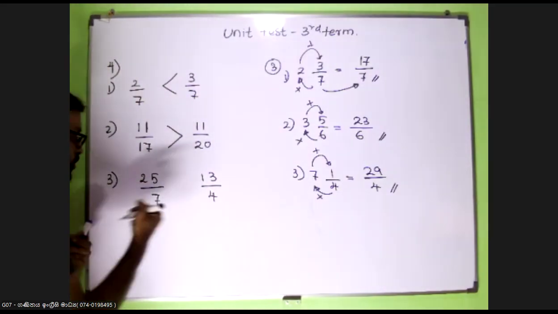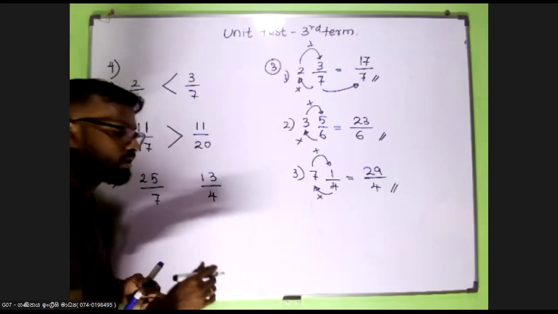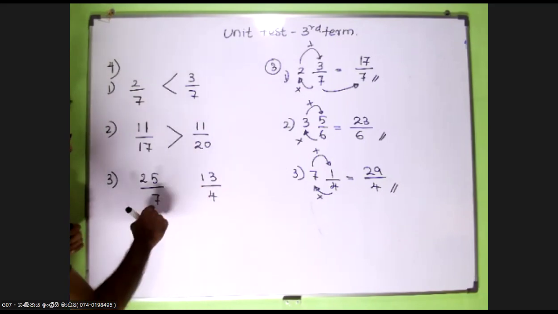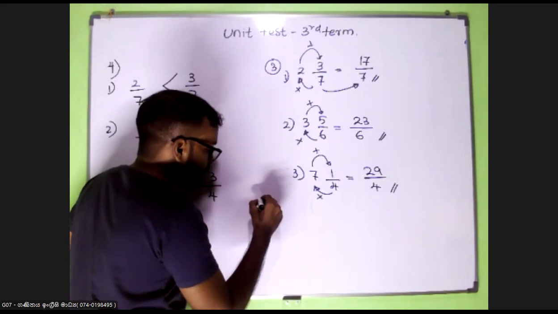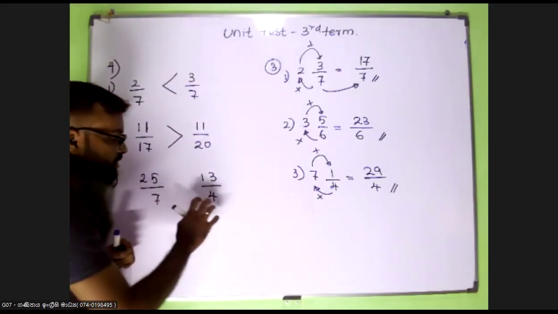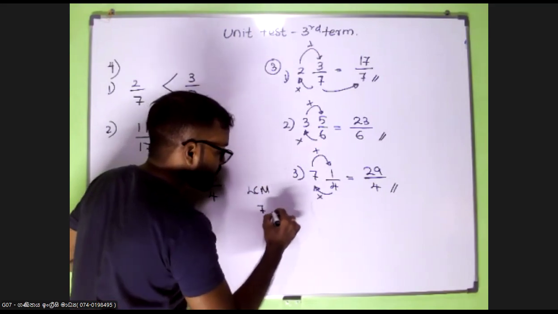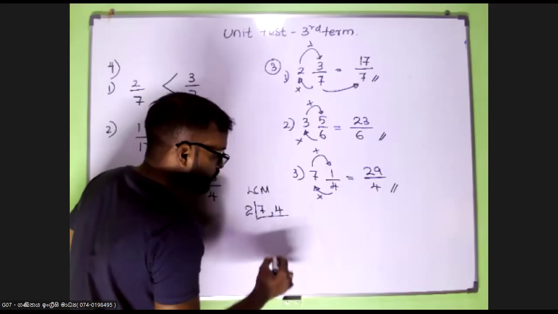Right? So you have to multiply 7 and 4 by using the LCM, or you need to convert them into equal denominators, right? 7 and 4. So for the 7 and 4, I am going to find the LCM first, right? 7 comma 4. What is the minimum prime number here? 2, right?